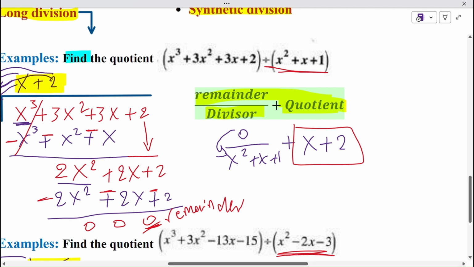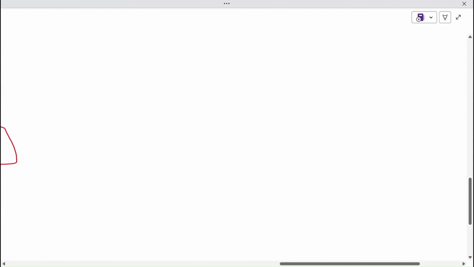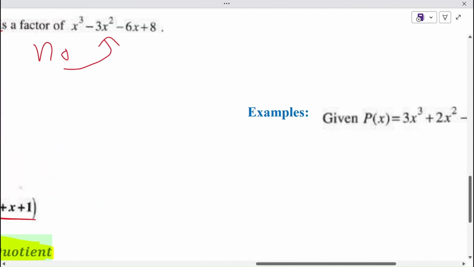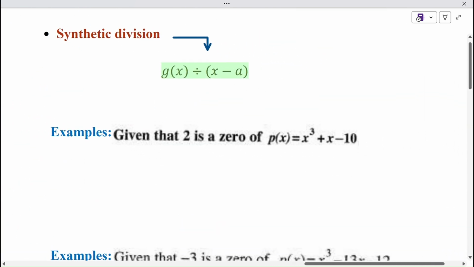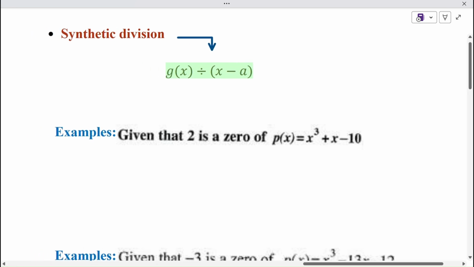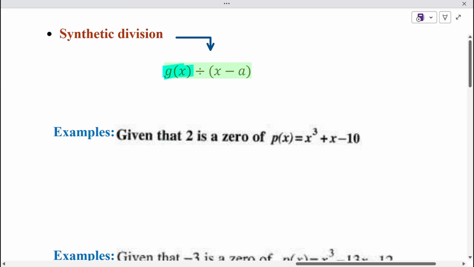This one says find the quotient, but in synthetic, look at our rule. Our rule is here. If we have a function or a polynomial divided by x minus a, when this a is a number.